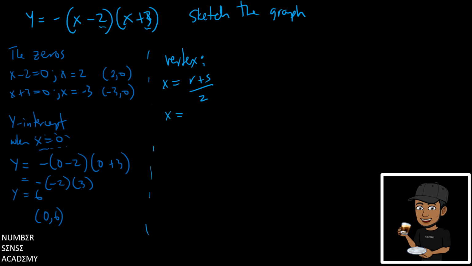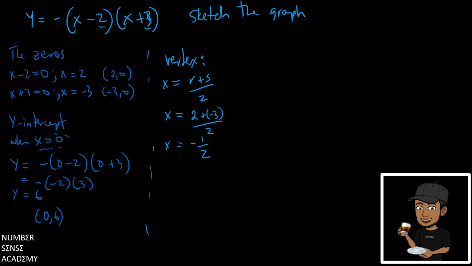So remember, we're taking the negatives of these. So this will be 2, and this will be negative 3. So it's going to be 2 plus negative 3 divided by 2. x is equal to negative 1/2.